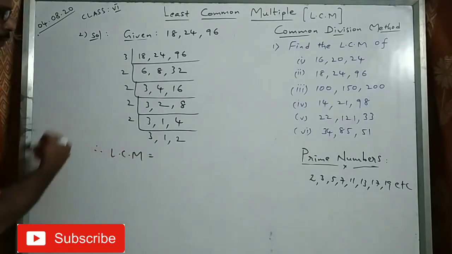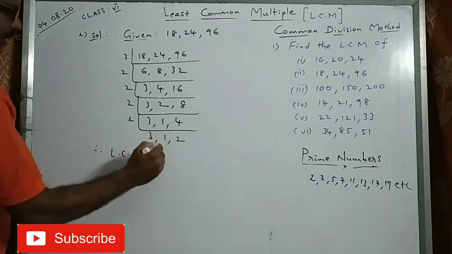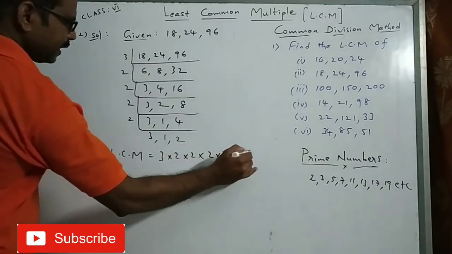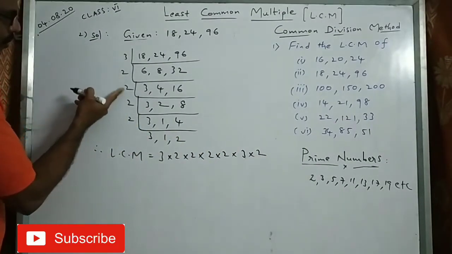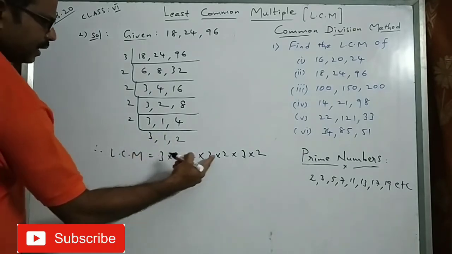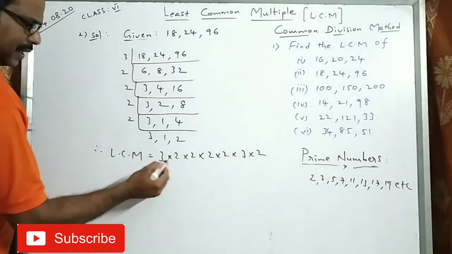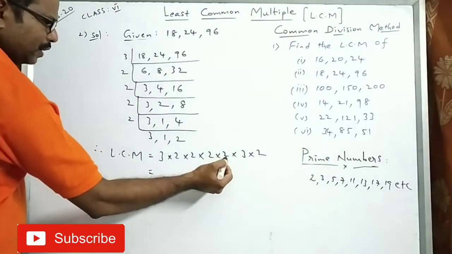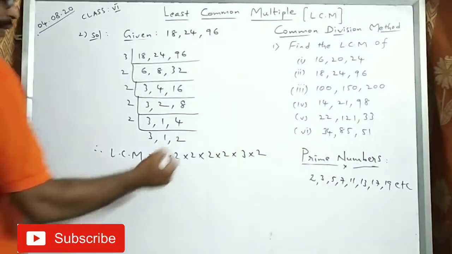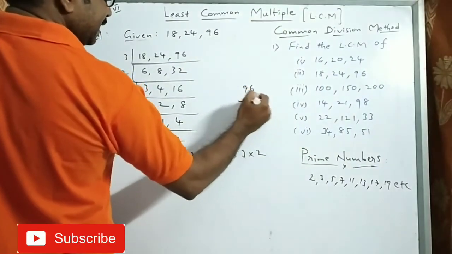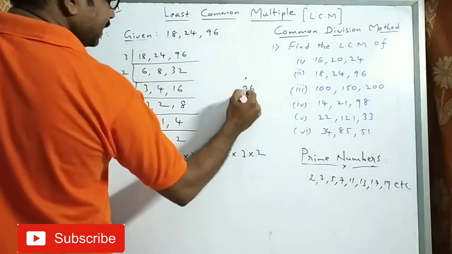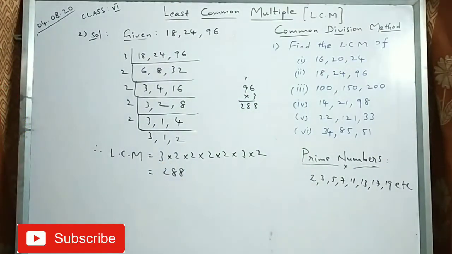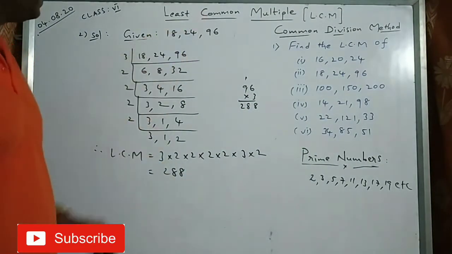So how do you get the LCM? You have to multiply all these numbers. How? 3 into 2 into 2 into 2 into 2 into 3 into 2. Multiply. 3 2s are 6, 6 2s are 12, 12 2s are 24, 24 2s are 48, 48 2s are 96. 96 3s: 3 6s are 18, 3 9s are 27 plus 1 is 28. 288 is the least common multiple for the given numbers.